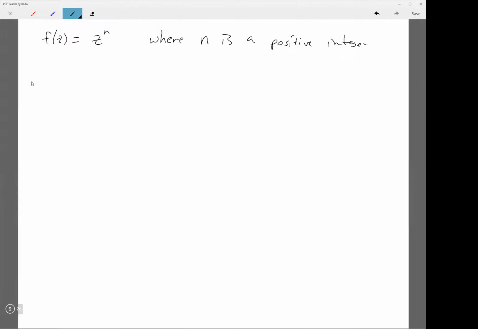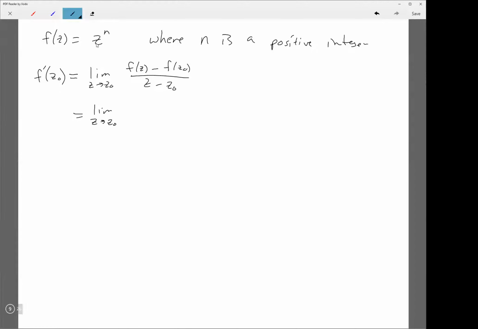And we'll find out where that's differentiable, and we can also figure out what the derivative is. So if z naught is any point in the complex plane, then its derivative is defined to be the limit as z goes to z naught of f of z minus f of z naught over z minus z naught.